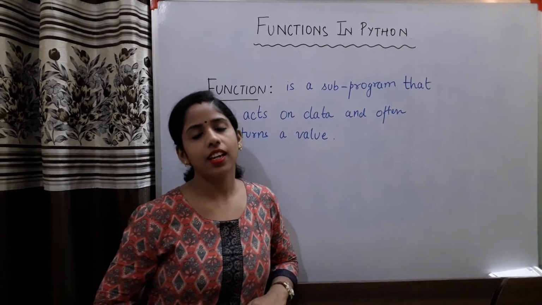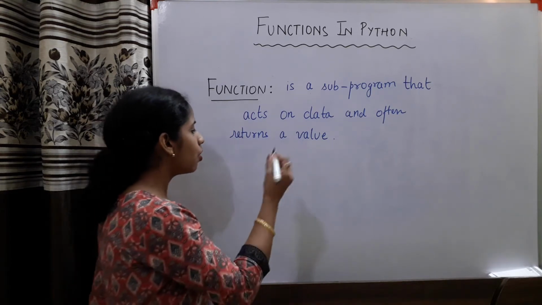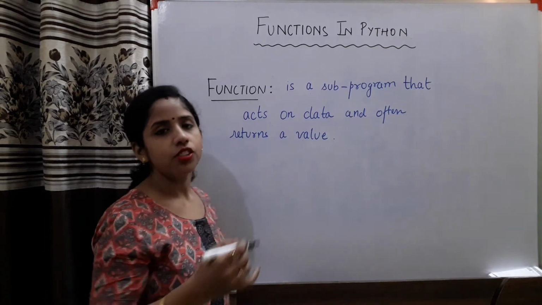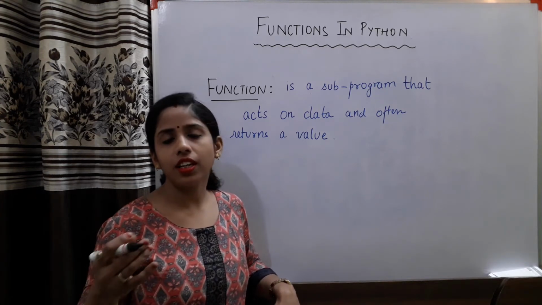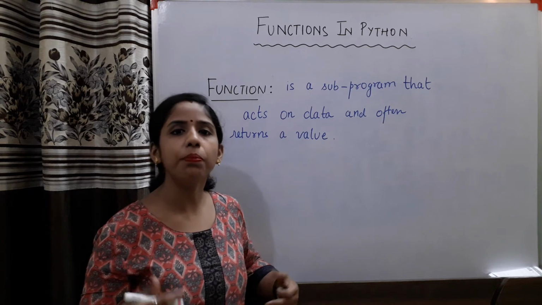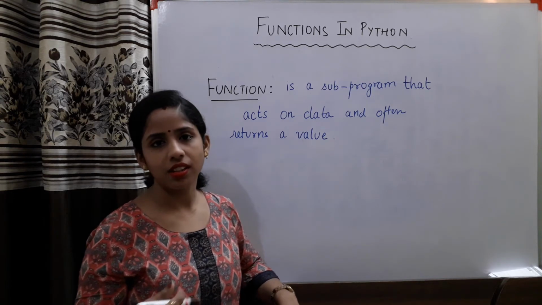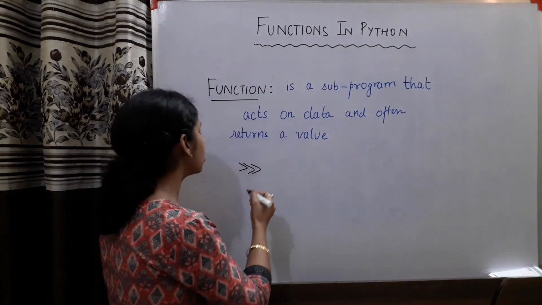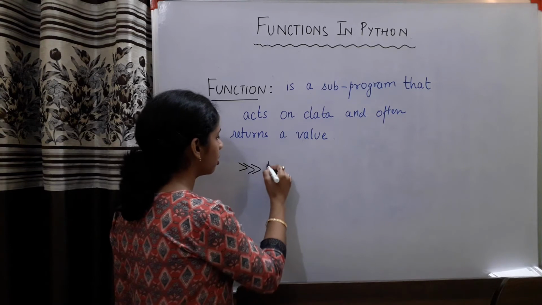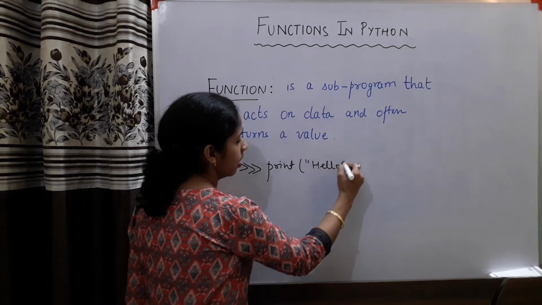Let us take example of print function, which you must have used till now. What happens in case of print function? Children, print function is a function which, whenever given some value, it simply prints the value on the screen. It does not give you any result. Like if I write, suppose in the interactive mode I write print hello.